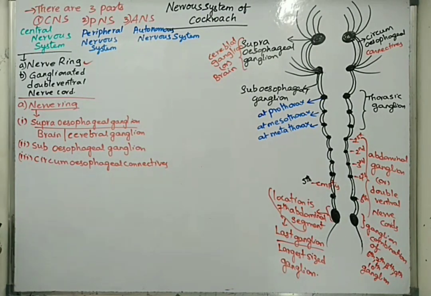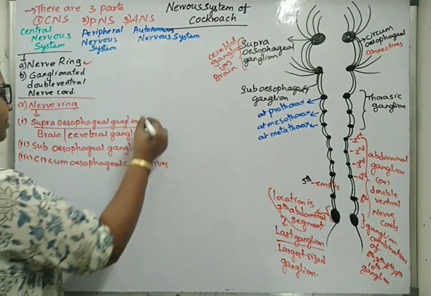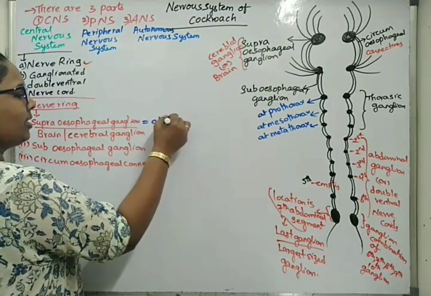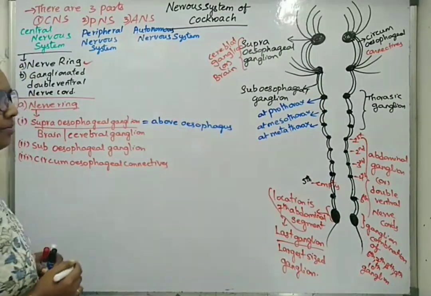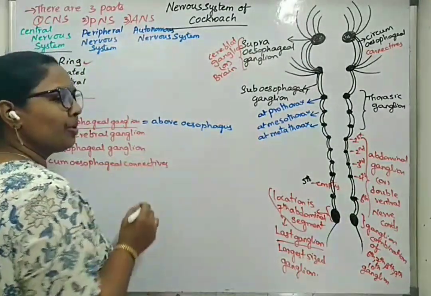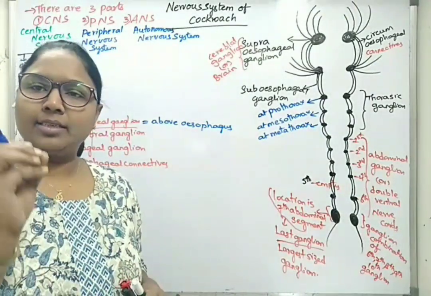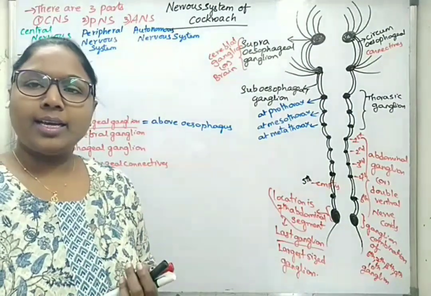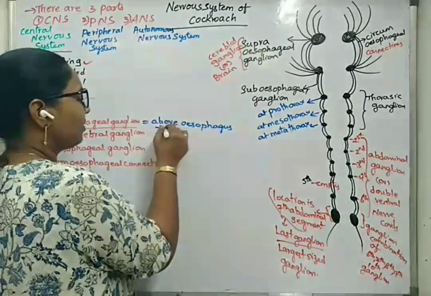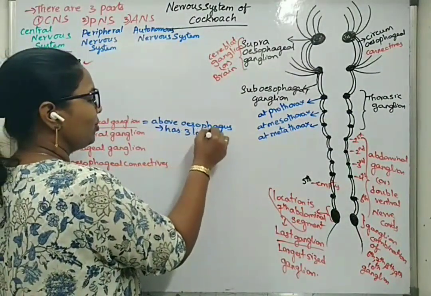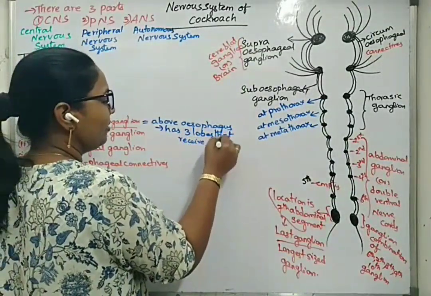First one, supraesophageal ganglion. This one is present above esophagus. Location is above esophagus. Next, it has three important lobes that receive information or sensory nerves from eyes, antenna and labrum, that is upper lip.